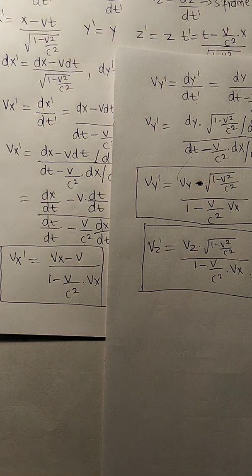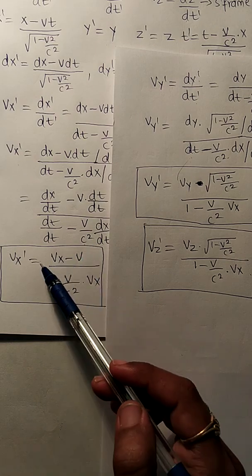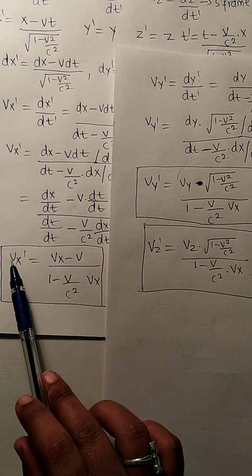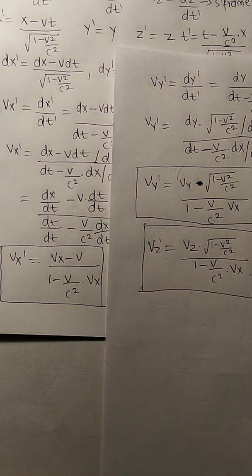Now the next. From this we are going to find the inverse Lorentz transformation equation. Inverse Lorentz means the opposite of this. Now we calculated the φx dash, φy dash and φz dash values.